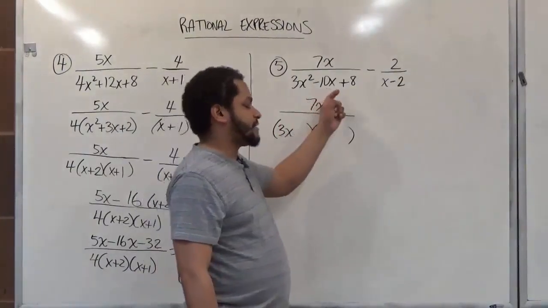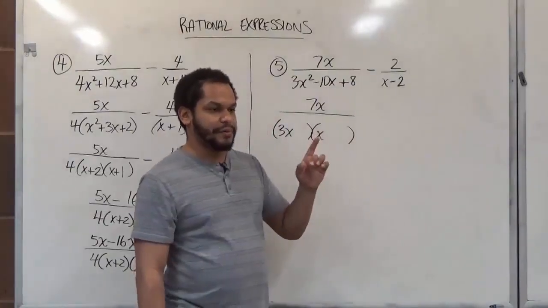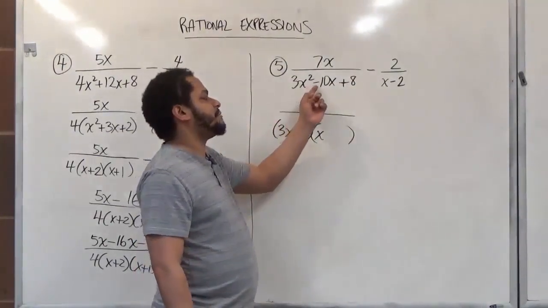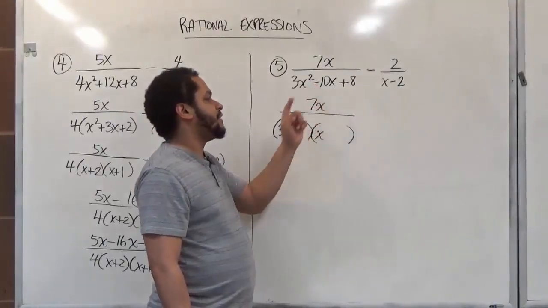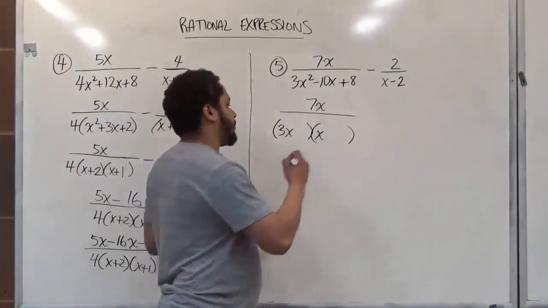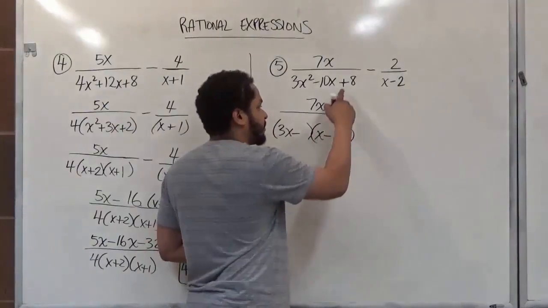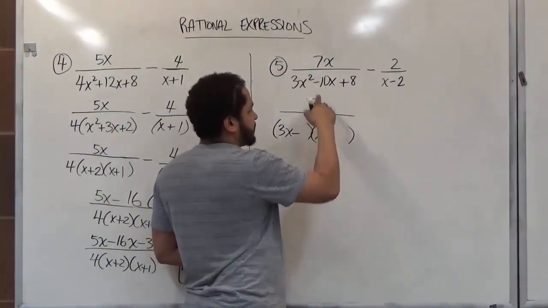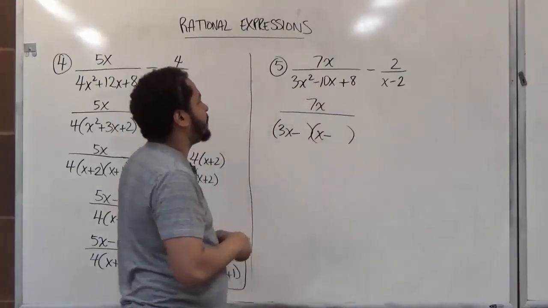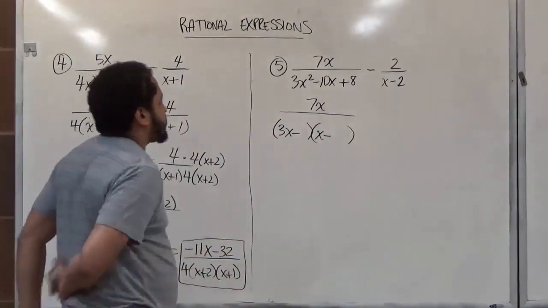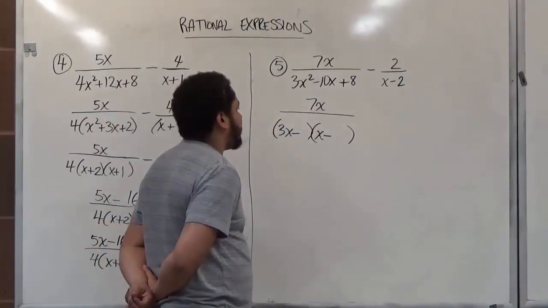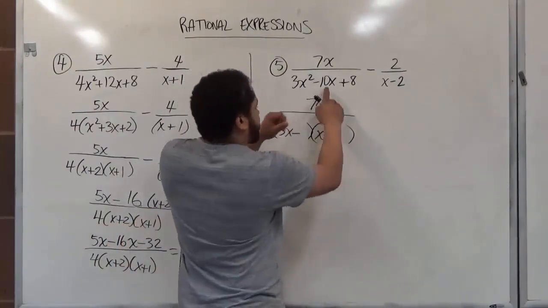However, the last term here is positive 8. To make a positive number, we know it's a plus times a plus or a minus times a minus. The middle term also is negative. So we know the 2 signs inside the parentheses are also going to be negative because the third term is positive, and it takes the signs for the parenthesis set of the middle term. Now, we're looking for the 2 numbers that multiply to make the middle term equal negative 10.